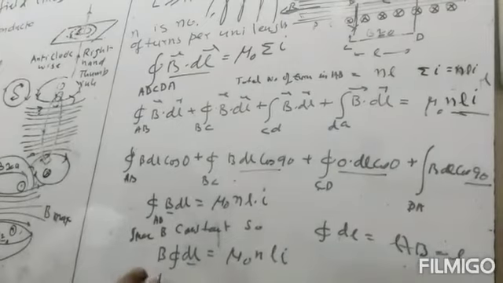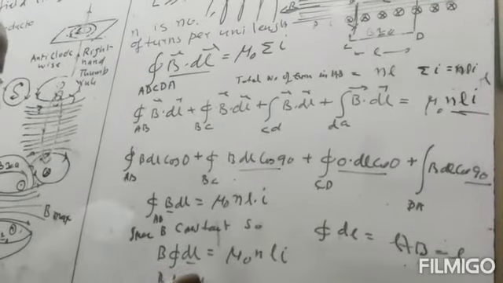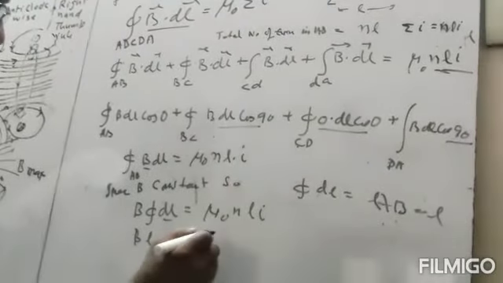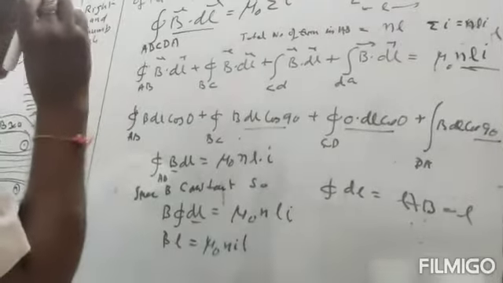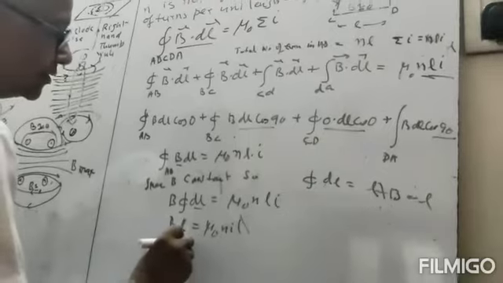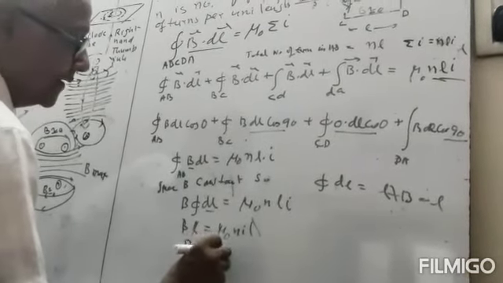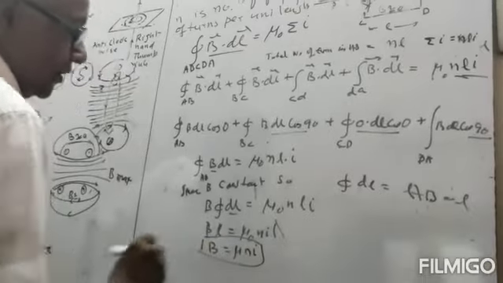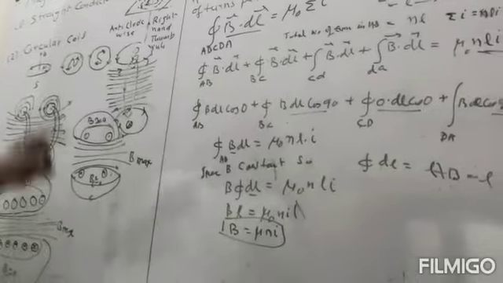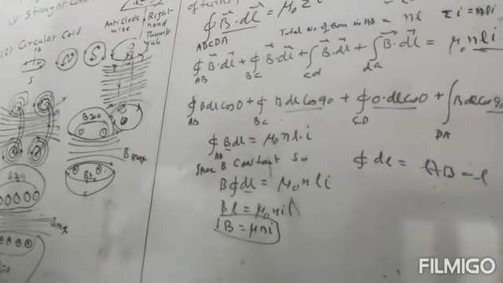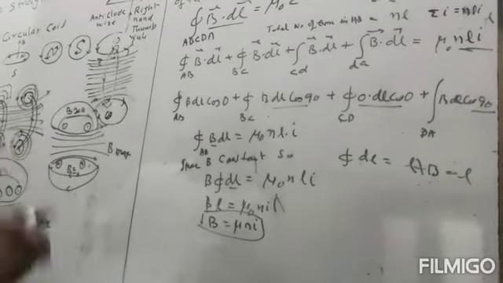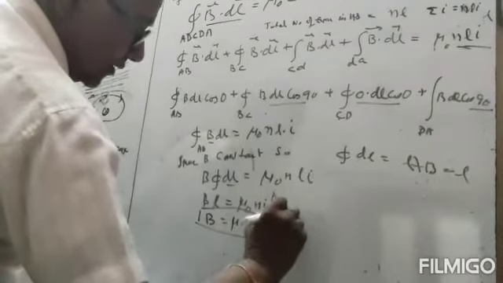So here B into small l will be equal to mu 0 n I l. So this l will cancel. So B will be equal to mu 0 n I. So here we say the magnetic field on the axis of the solenoid will be equal to mu 0 n I. The direction of the magnetic field will be given by the right hand thumb rule.